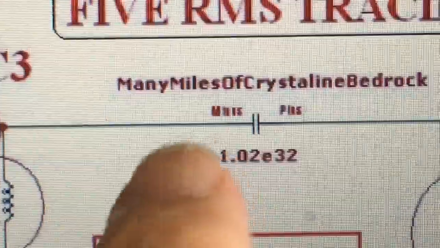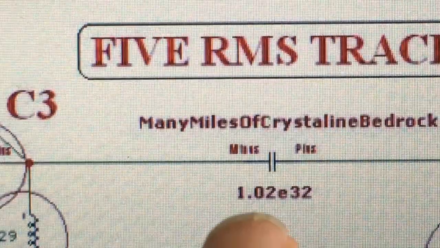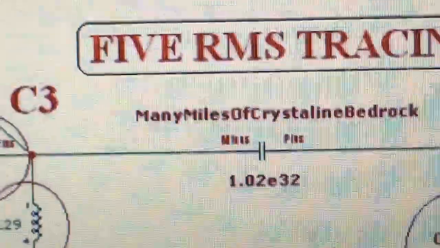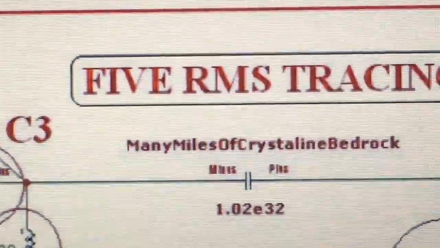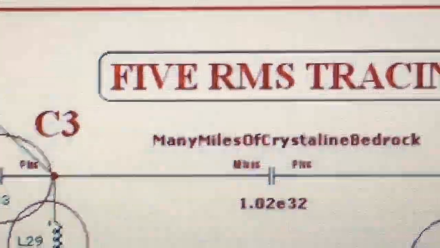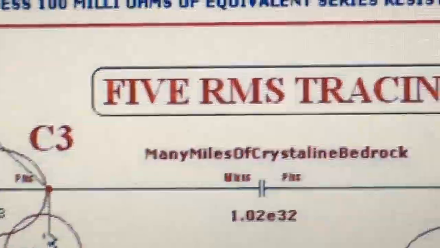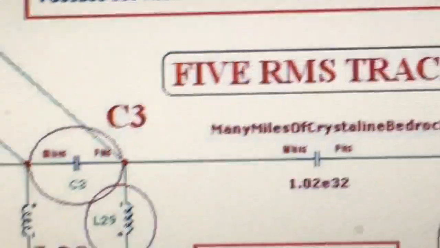So I chose to vary the capacitance with a 0.02 on the numeric value. But its resistance is going to be something similar. Let's say it's 100.016 milliohms of equivalent series resistance. So it'll be something along those lines.